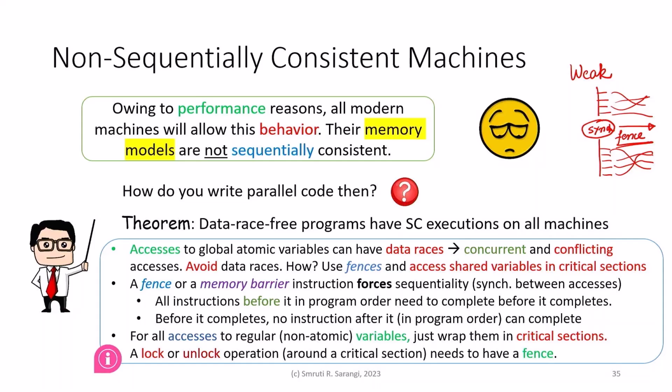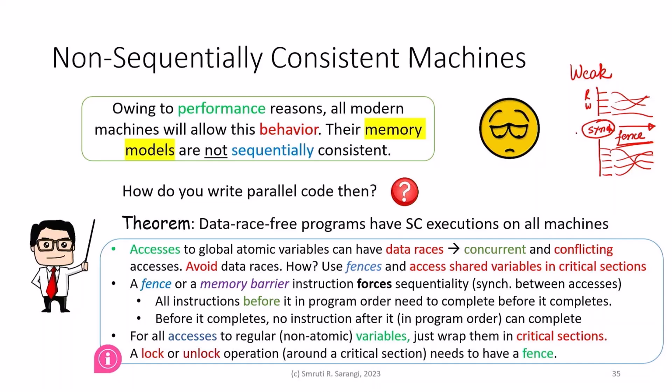Of course, fences can be of different categories, but let us consider this, which is the simplest type of fence. So this creates some kind of discipline in the chaotic world of memory models, where all the reads and writes before it, if they are to different addresses, the processor can happily reorder them.